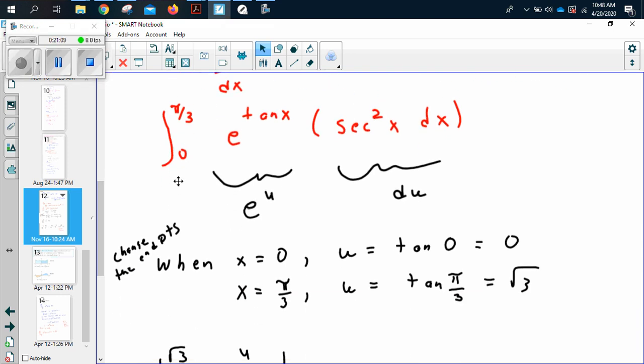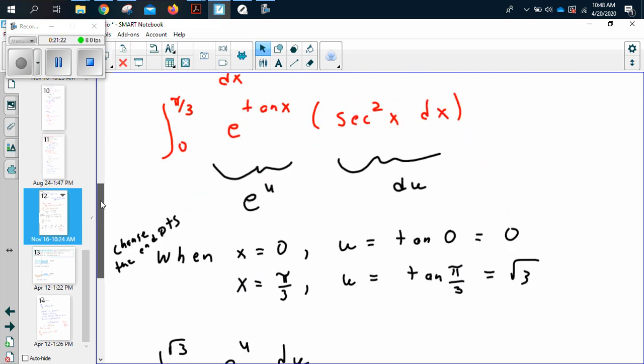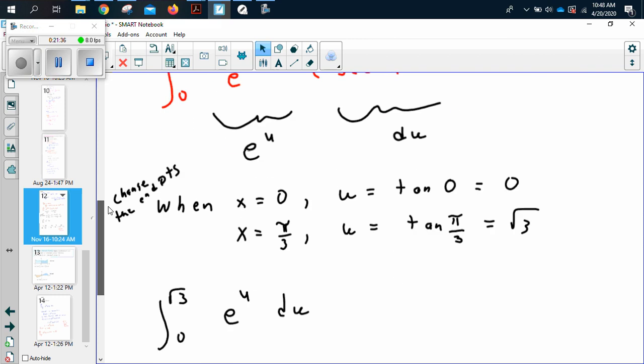So I decided just to go ahead and change them. When x is 0, u would be equal to tangent of 0, which is 0. When x is pi over 3, u would be equal to the tangent of pi over 3, which is the square root of 3. So these are the new endpoints right here.